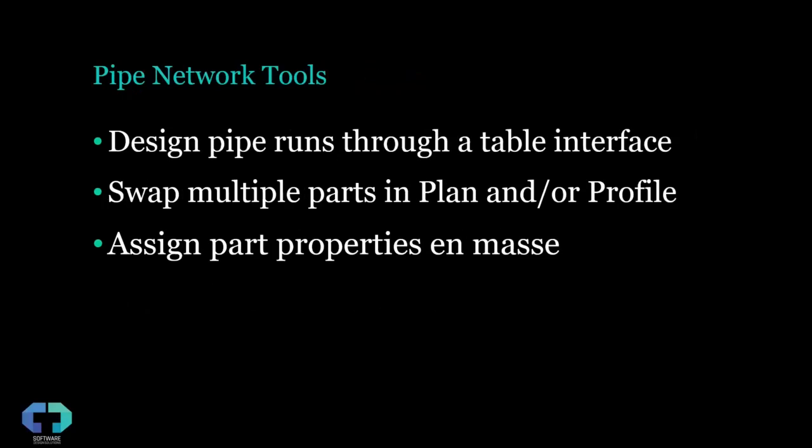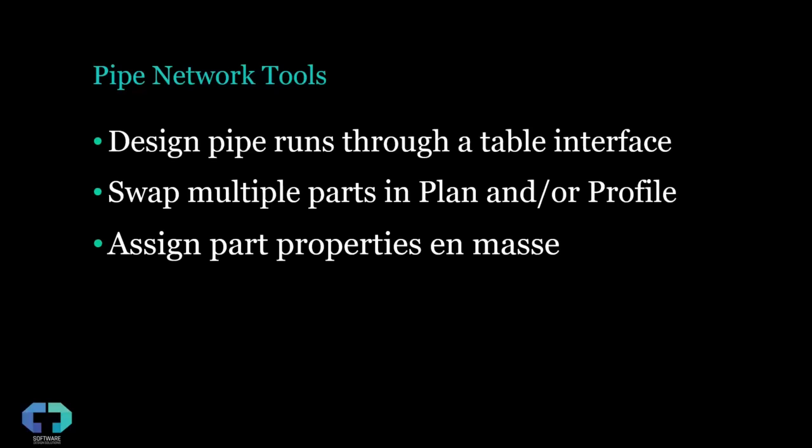So the next set of tools is supporting the native pipe network tools in Civil 3D. These are a decent tool set, but they're really tedious. Generally, you'll find you end up doing all the editing one part at a time, yet you might have a pipe network with 50 parts in it.